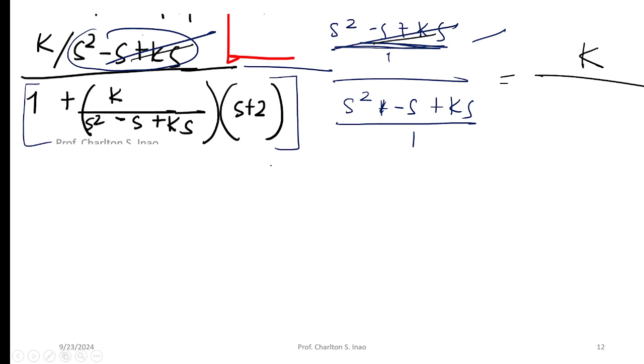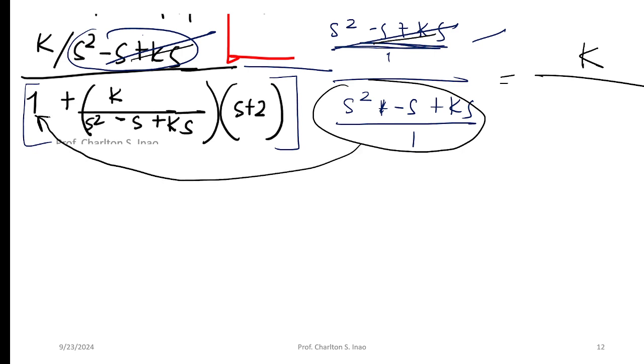Then here, we're going to multiply this with this 1 and then multiply this with this term now, right? Okay, so we're gonna do that. So s squared minus s plus ks multiplied by 1 is itself, right?